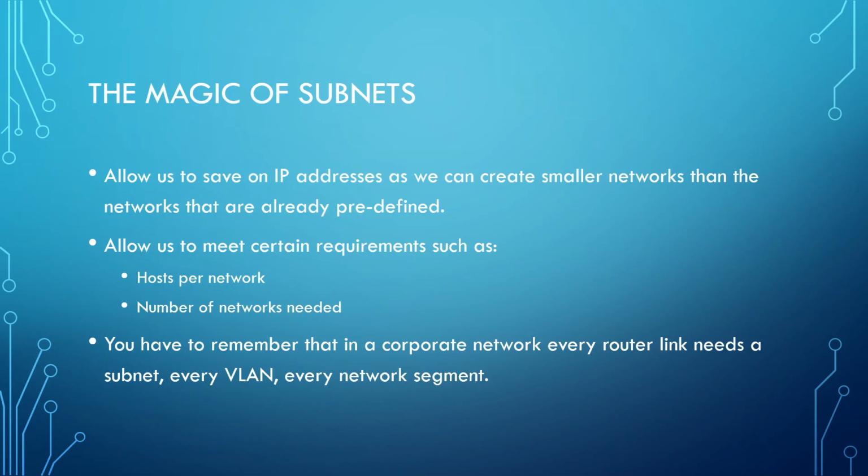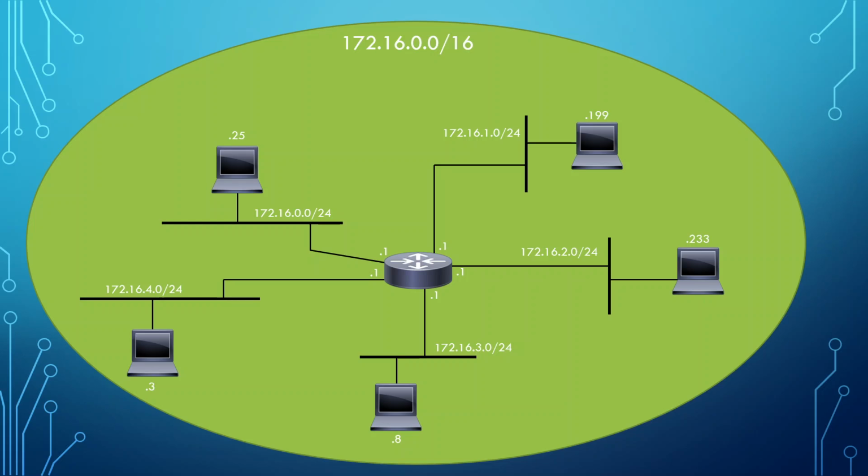So we can do something like this. We can take a 172.16.0.0/16 Class B network, and then we can subnet that down into smaller networks. In this case, we're now using a /24 subnet mask, which is a 255.255.255.0 subnet mask. We've broken these networks down into smaller networks, and we're able to assign out the smaller networks to our different network segments.